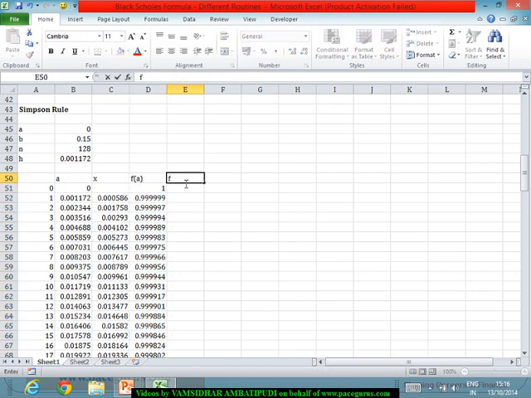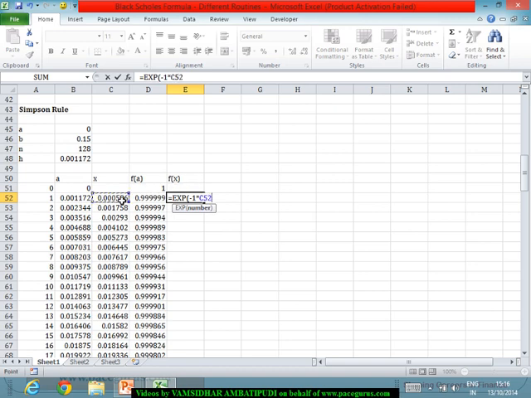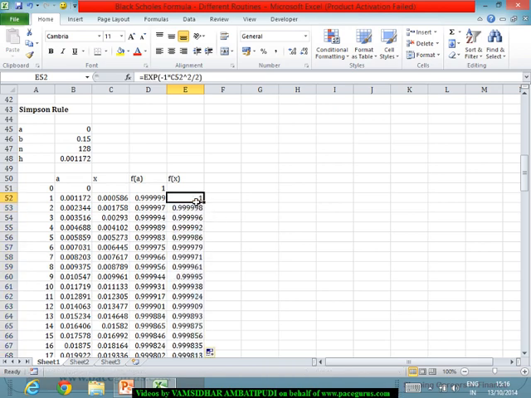I can also find out f of x like that, which from here comes out e to the power of minus 1 times x squared by 2. So this number comes out to f of x, right, e to the power of minus x squared by 2, coming out to this much.